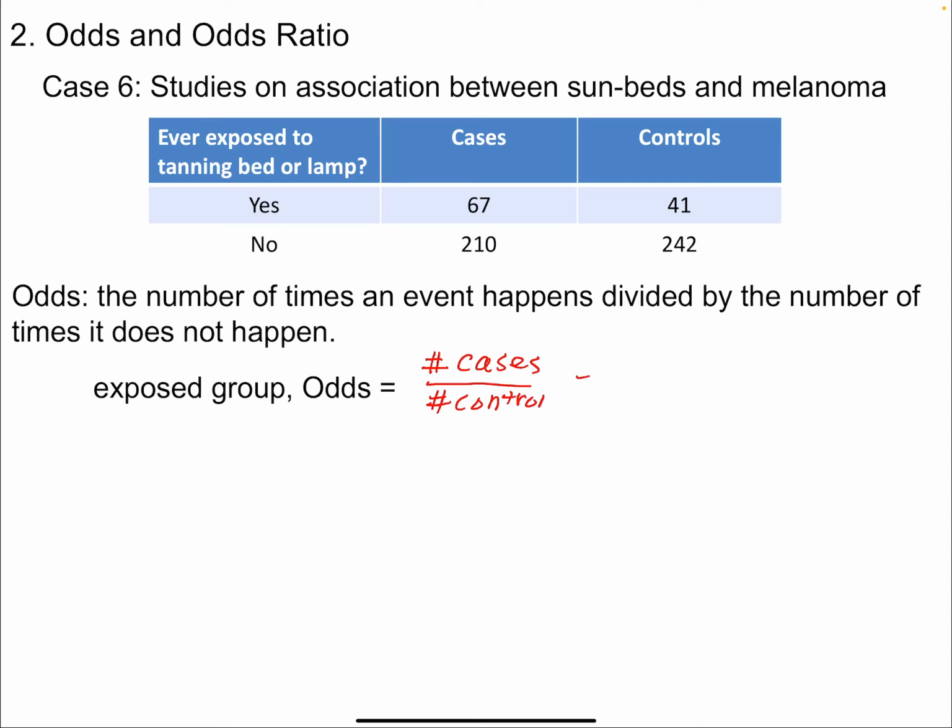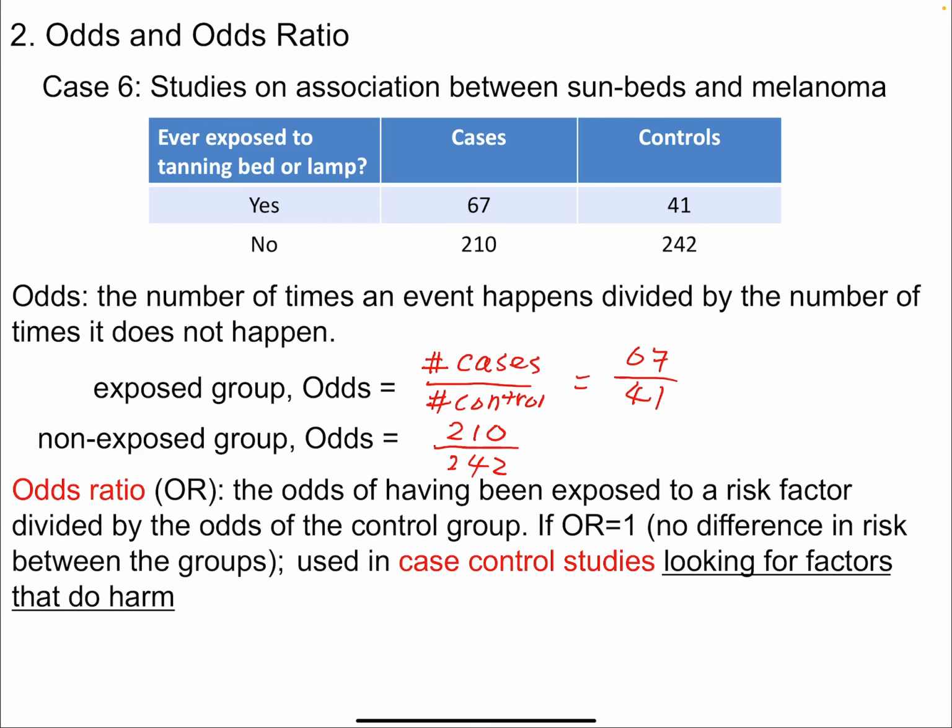As a result, odds equals 67 divided by 41. By the same token, in the non-exposed group, odds equals number of cases, 210 divided by control, 242.